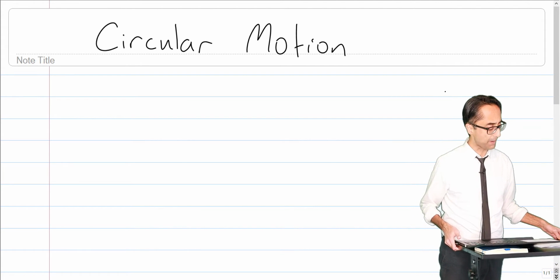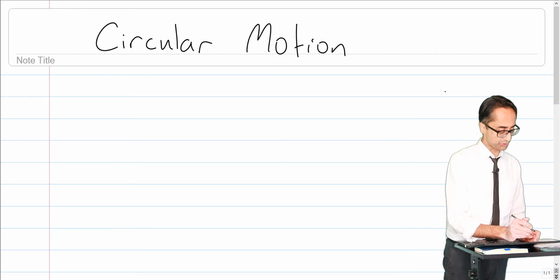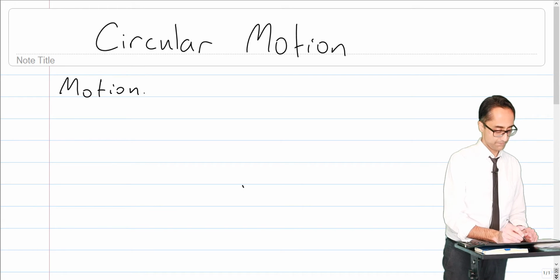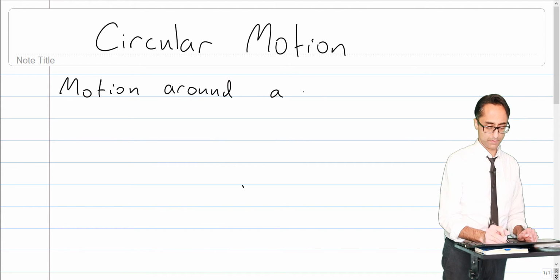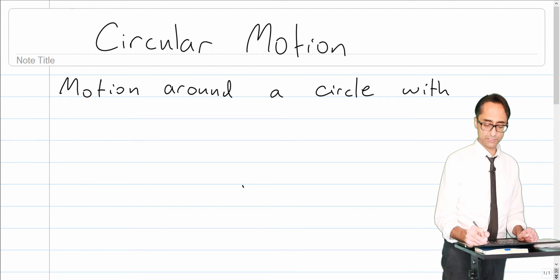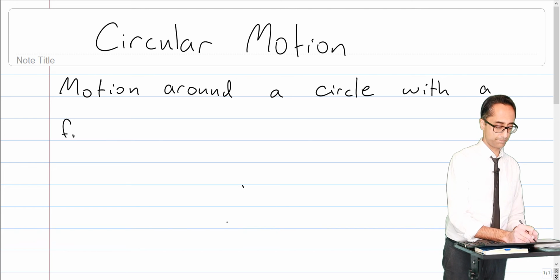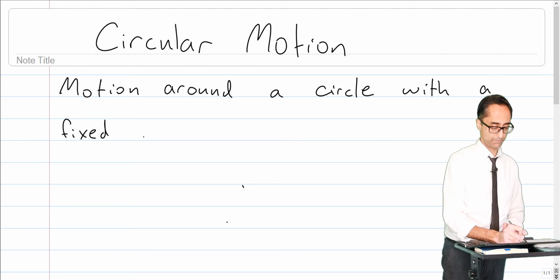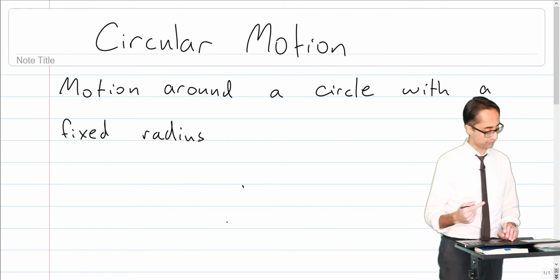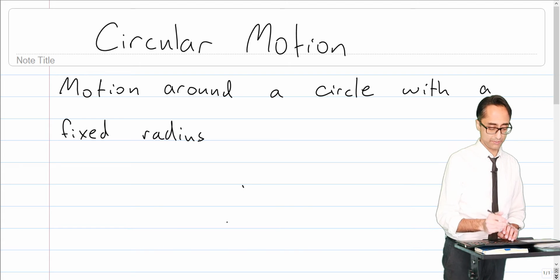And so let's start by defining circular motion a little as the motion around a circle with a fixed radius, so that is the distance of the object as it's going around a circle doesn't change.